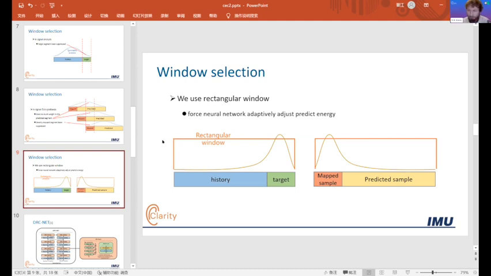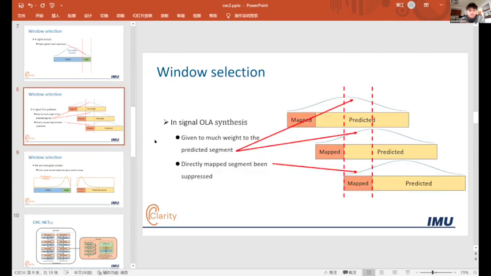Okay, I see Samuel Cornell. Yes, thanks for the great talk. I didn't understand quite how you do the low latency overlap pass. Do you predict 18 frames in the future?